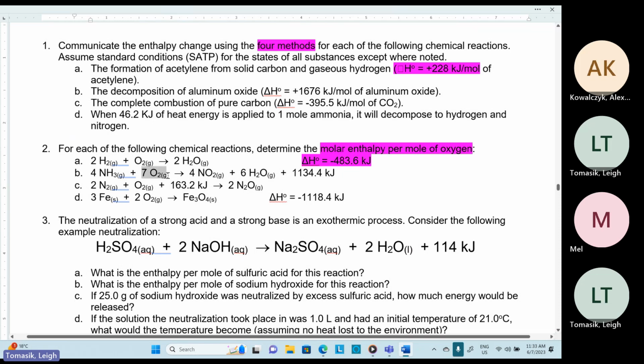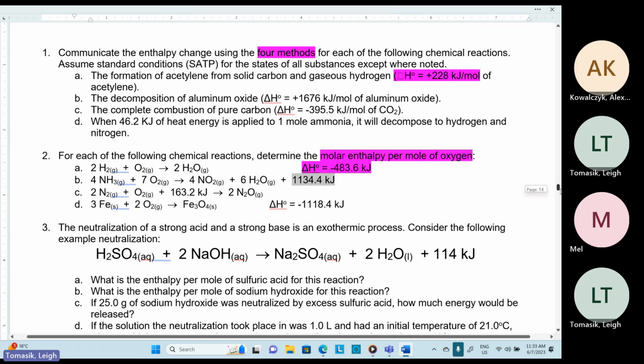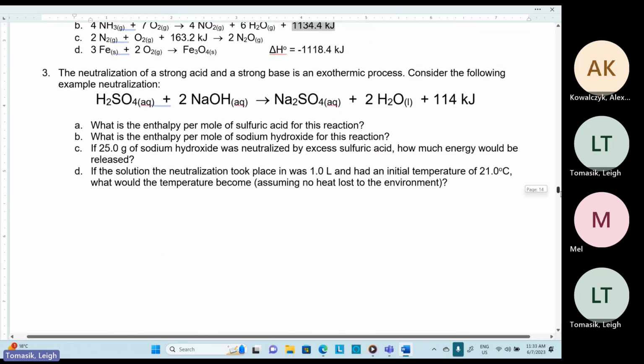The second chemical equation has 7 moles of oxygen, so you would take the enthalpy number and divide by 7, right? So that's pretty easy.